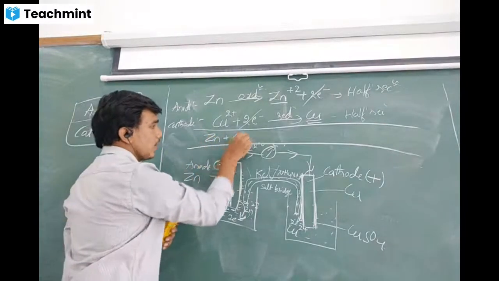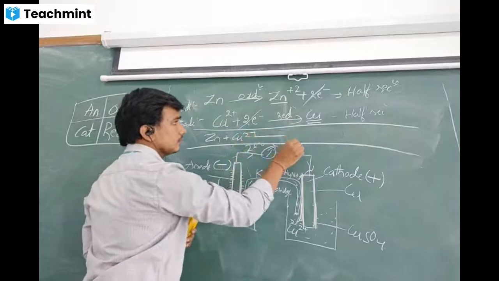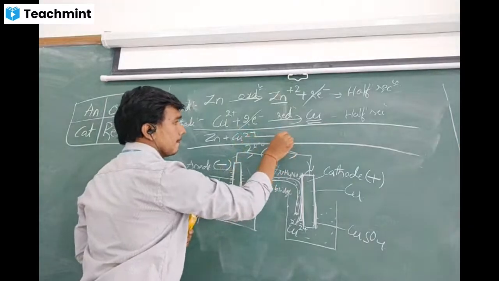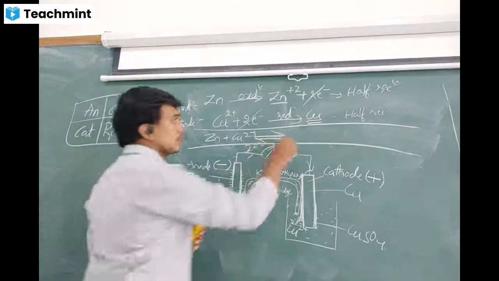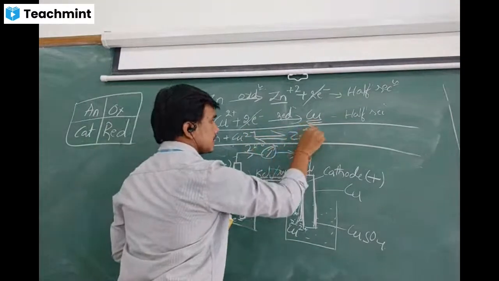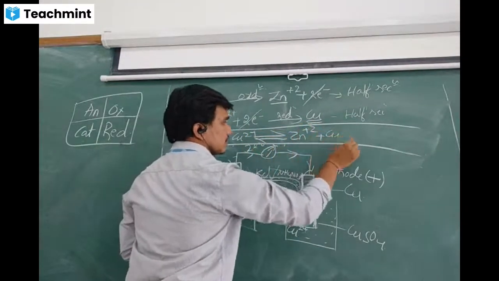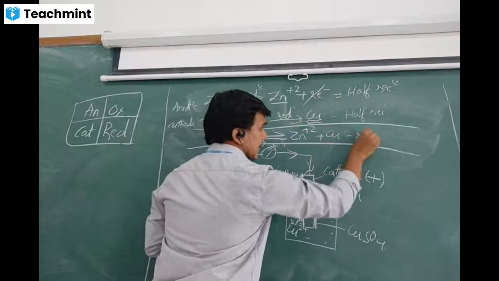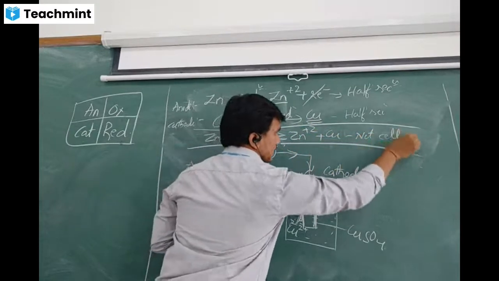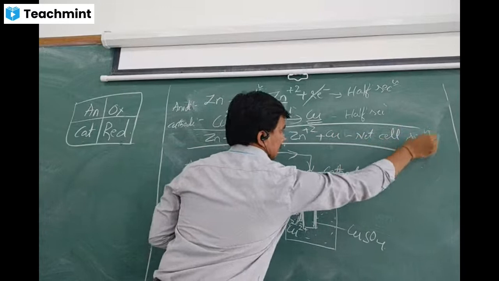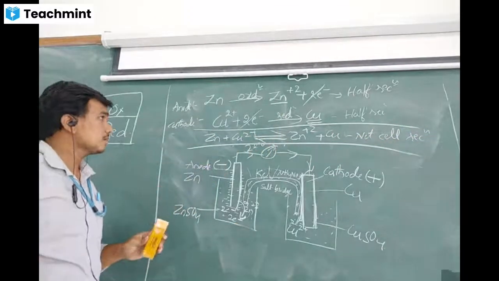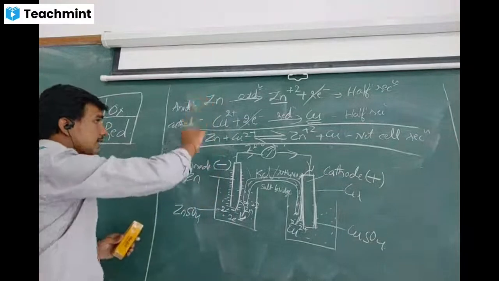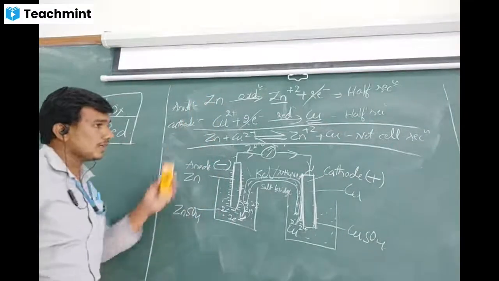Zinc plus copper ion, yes, gives zinc ions plus copper. So this one is the net cell reaction. Okay. So this one is the anodic reaction, and this one is the cathodic reaction.